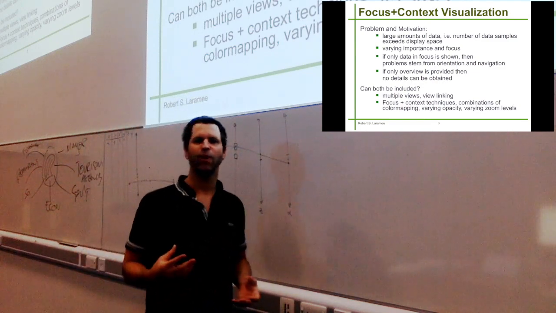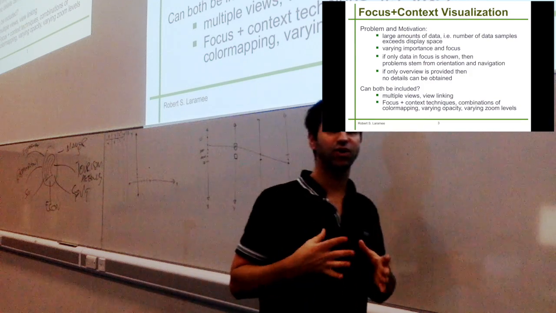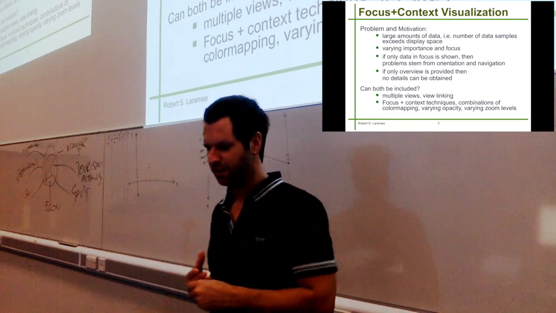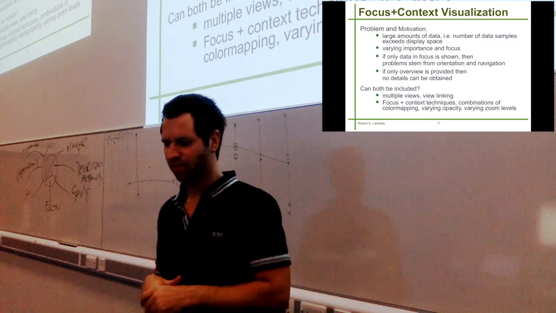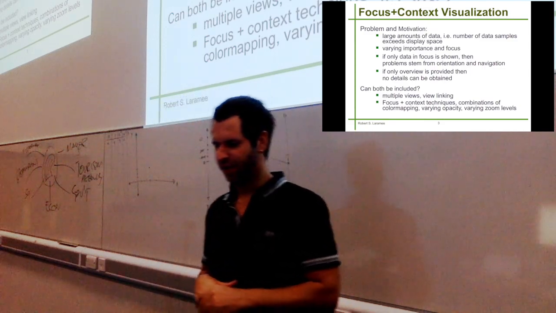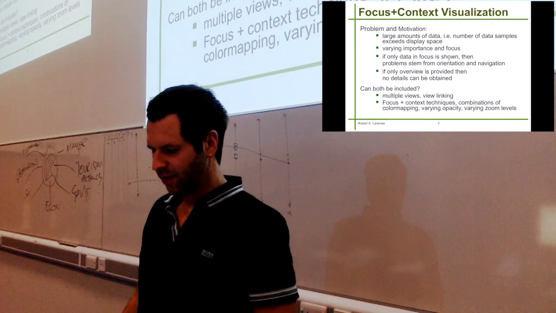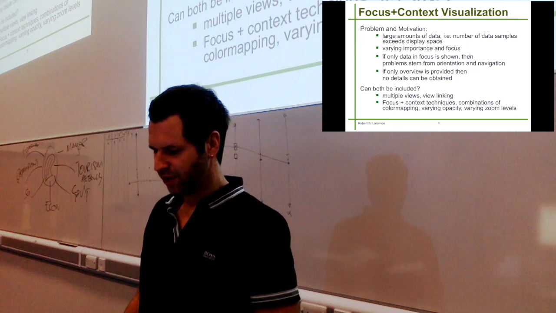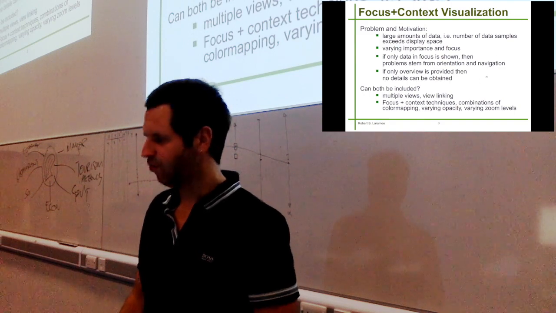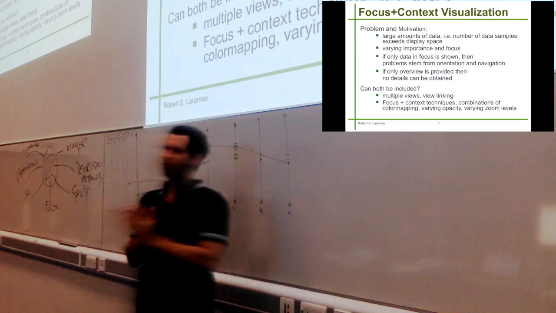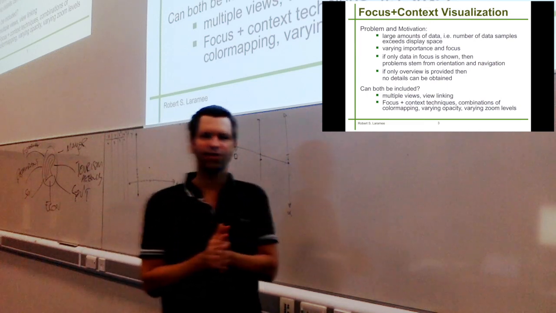So for example, when the number of data items actually exceeds the number of pixels on screen space, or when some data is more important than others. Now we also avoid this problem and this confusion if we use a binary segmentation of important and unimportant data. It's easy to get lost.